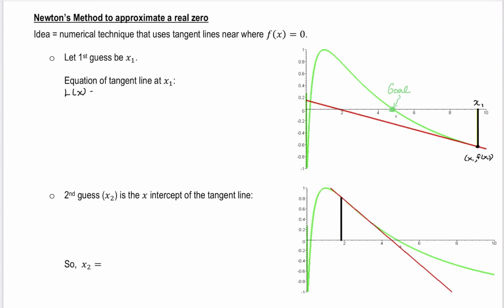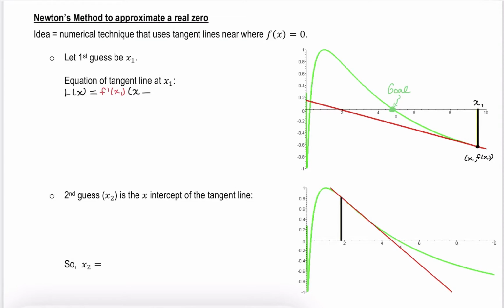If you remember, your linearization, essentially your equation of the tangent line, starts off and says it's going to be whatever the slope is, which is f prime at this specified point of x sub 1, times the quantity of x minus that x coordinate there.